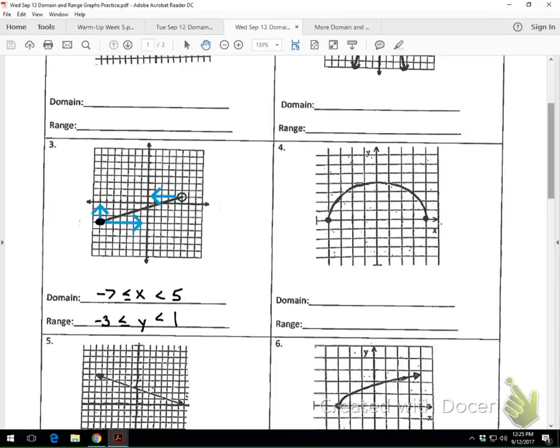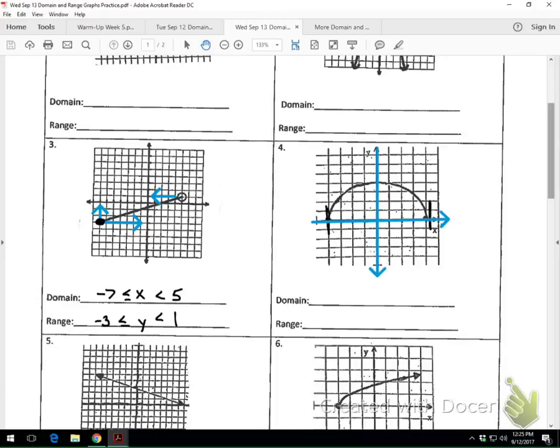Okay, same thing with number 4. You've got a very left side and a very right side. Okay, if you look, here is the x-axis right here. Actually, no, it's right here. This is the x-axis right there. Okay, and here's the y-axis.